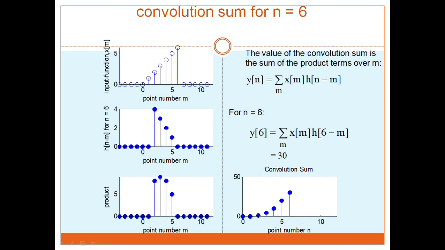And then for the next one, again you repeat the multiplications of the shifted and rotated value of the second function h(t), and you will get the summation of each one here.